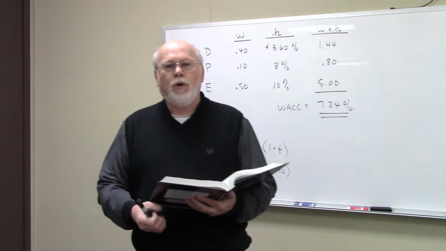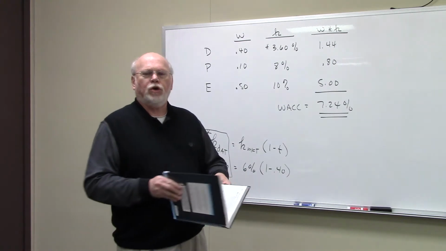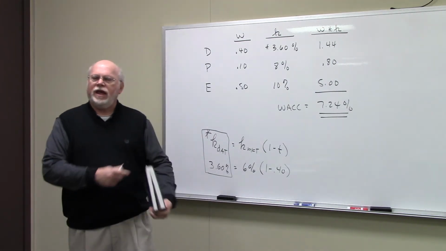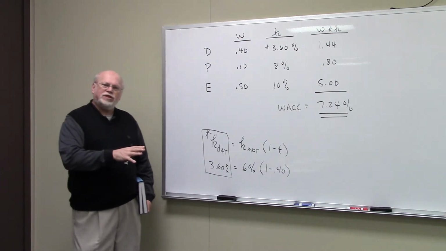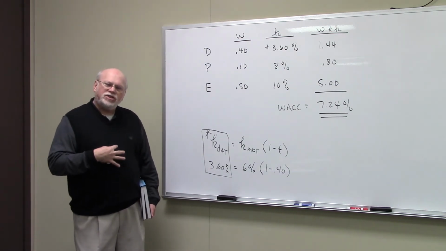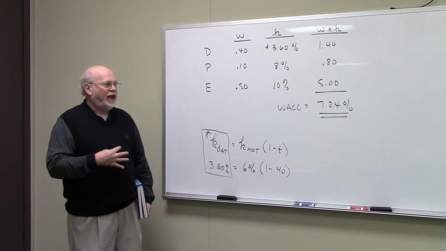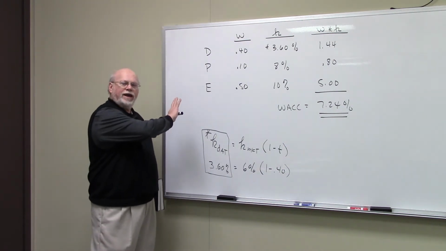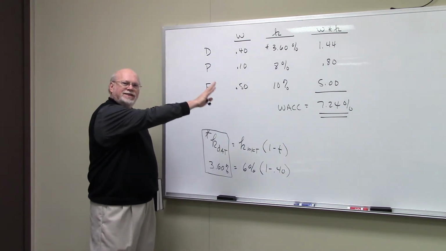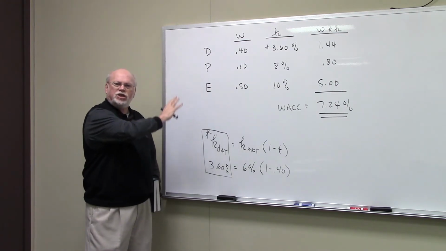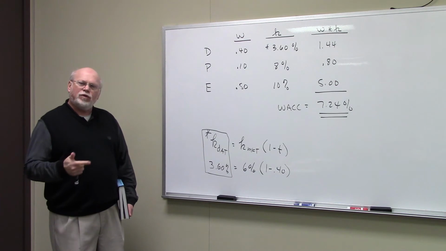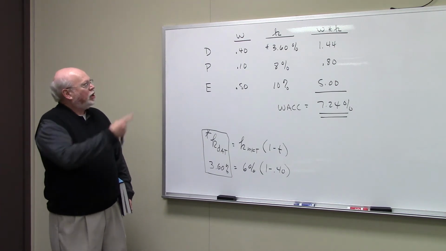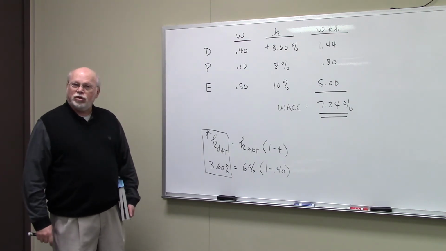Now, in the A part of this problem, what we're told is that the tax rate is 40%. Now, I told you in a previous video that when they ask you to calculate weighted average cost of capital, the first thing you should write down, just kind of the bones of it, is this thing up here. What's each source of capital? This company, for instance, uses debt, preferred, and equity. You need to know the target capital structure, the weights that each make up of the capital structure.